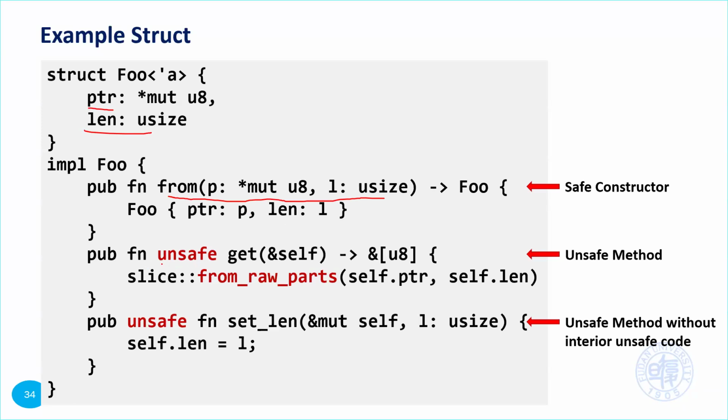It has two dynamic methods: get, which is unsafe because it has an unsafe callee, from_raw_parts, and another unsafe method, set_length. It has no unsafe callee, no interior unsafe, but it is unsafe because it may break some invariant required by the struct object.